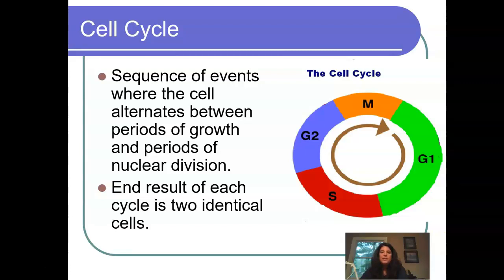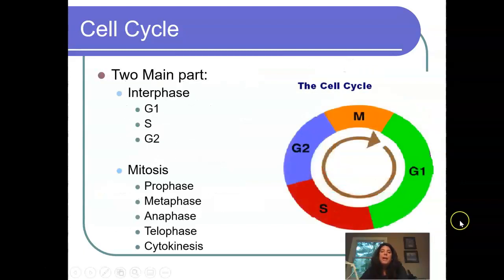So when this process is over, we will have started with one cell, and then we will end up with 2 cells that are genetically identical. There are 2 main parts of the cell cycle: interphase, which includes G1, S, and G2, and then mitosis, which is going to include prophase, metaphase, anaphase, telophase, and cytokinesis.